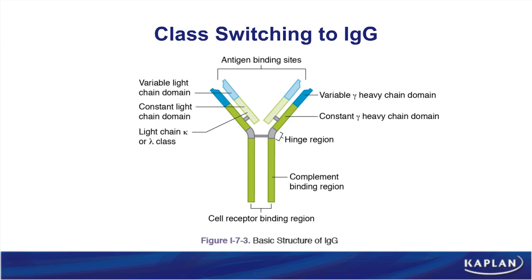So what is it about IgG? Well, IgG is always the most abundant isotype found in the bloodstream and is extremely versatile. What we're going to see is that IgG is a multitasker, okay? It can help activate complement, or it can serve one of many other functions.